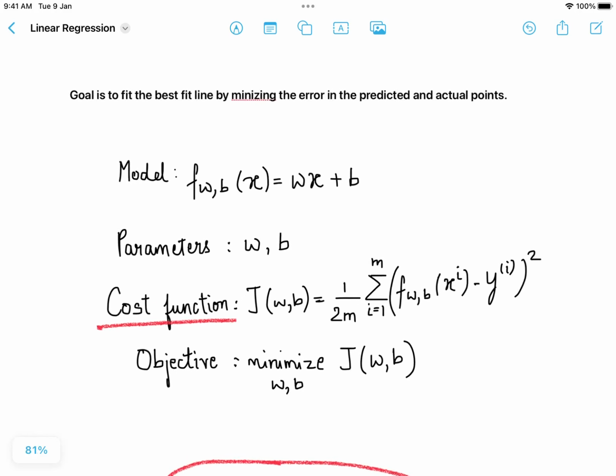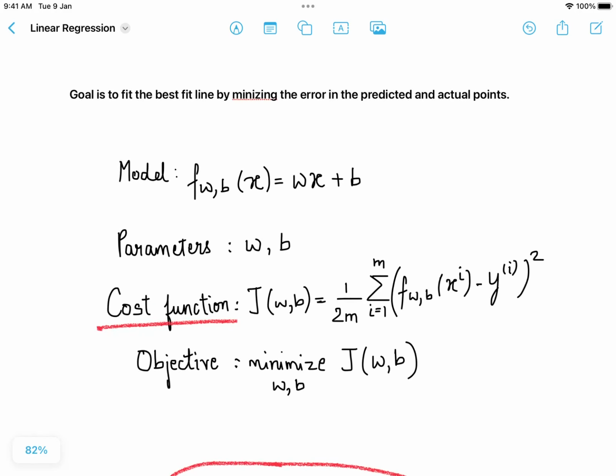And how do we get the values of these parameters? Basically, when we train, the model learns the values of these two parameters using this cost function. This cost function is also called the loss function.